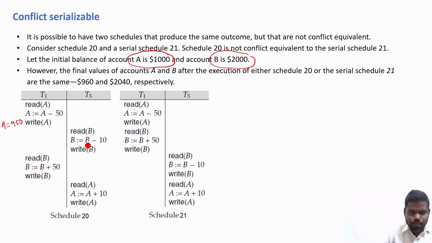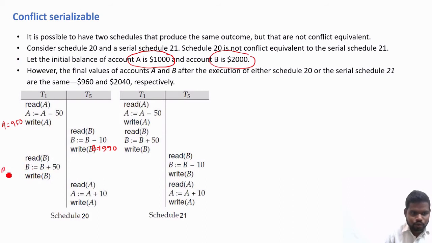B is equal to B minus 10, so this will be 1990. That is the value of B.